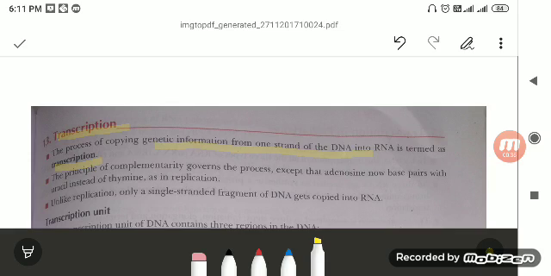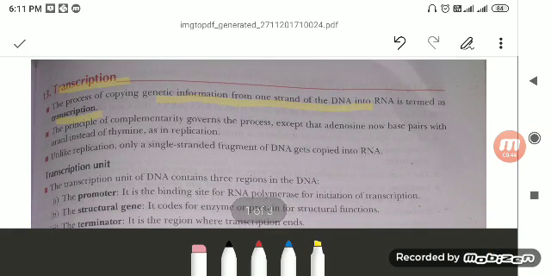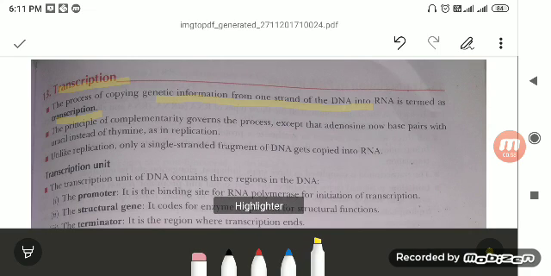The principle of complementarity governs the process. In the RNA, the base that pairs with adenine is uracil instead of thymine. So we know the nitrogen bases present in RNA are adenine, guanine, cytosine and uracil.